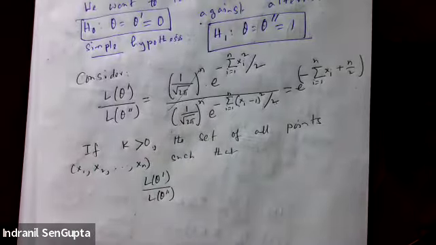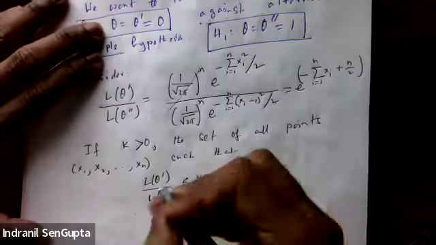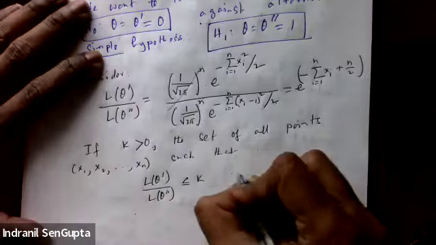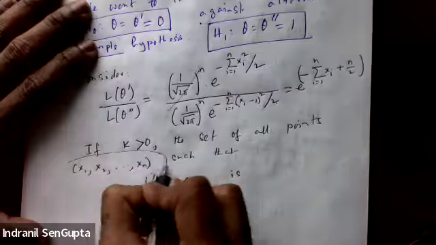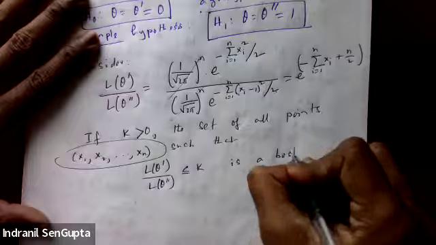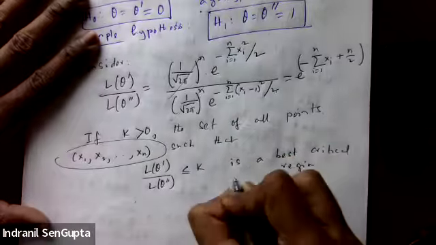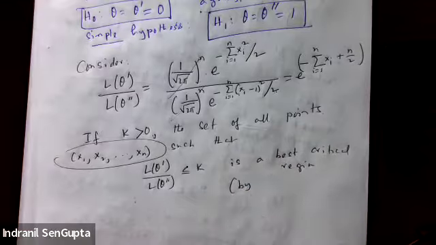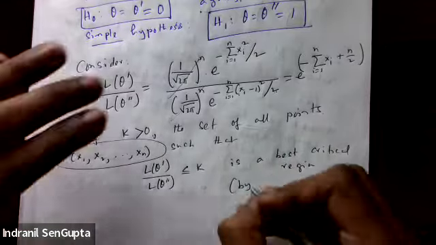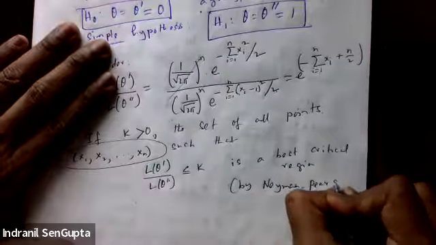We want this to be less than k. And this will then be a best critical region by the last theorem, right? By the Neyman-Pearson theorem.